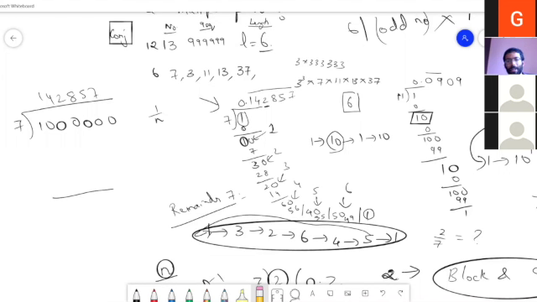True. But from this division, can we immediately say what the remainder would be? From this one, can we immediately say what the remainder would be here?